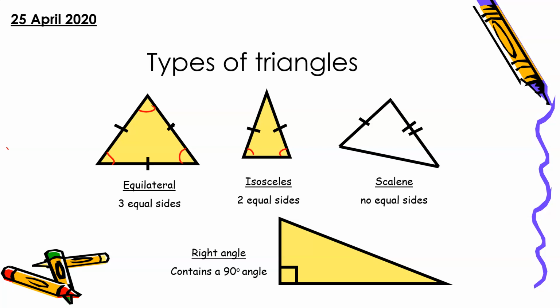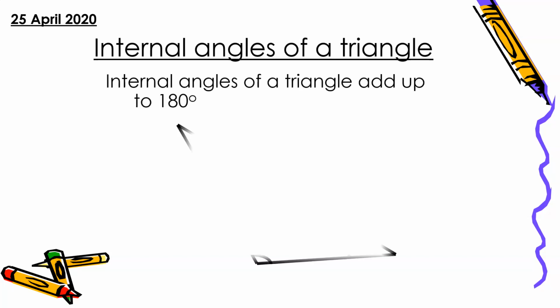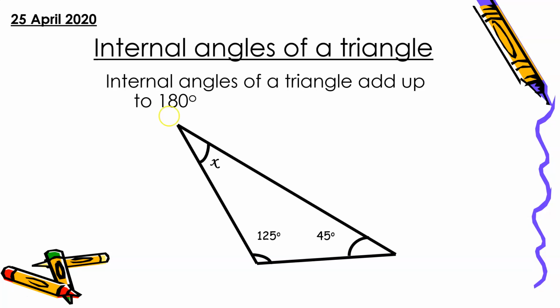Today I'm going to start looking at angle rules to do with triangles. And the first thing is the internal angles of a triangle. So the internal angles of a triangle add up to 180. And this can be really useful at working out questions like we've got on our screen here. So we can write out that all three angles, x plus 125 plus 45, equals 180 through this rule.